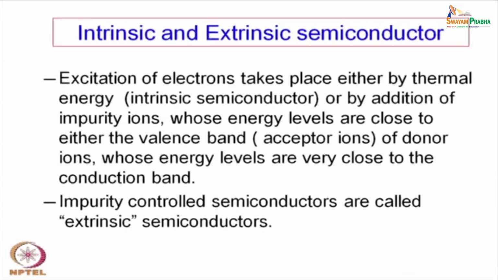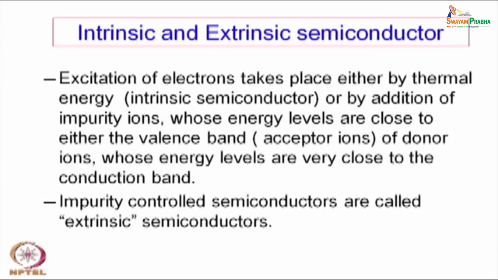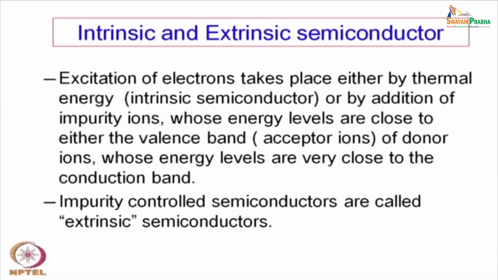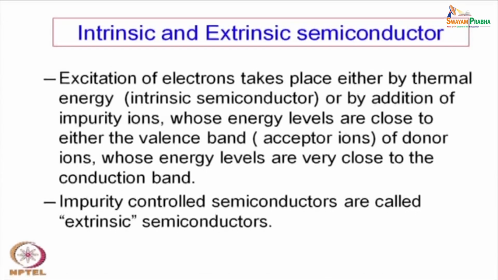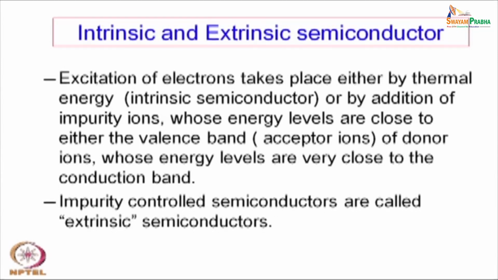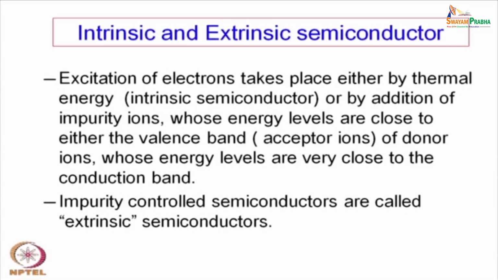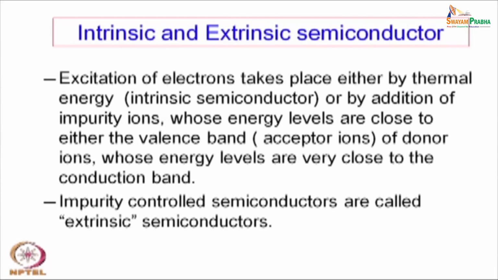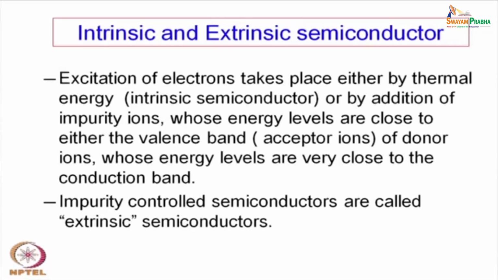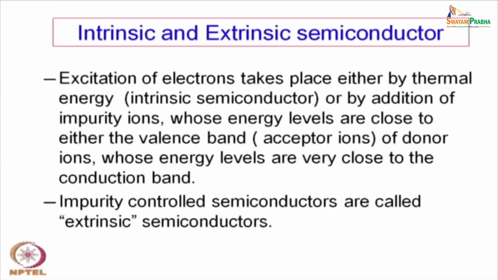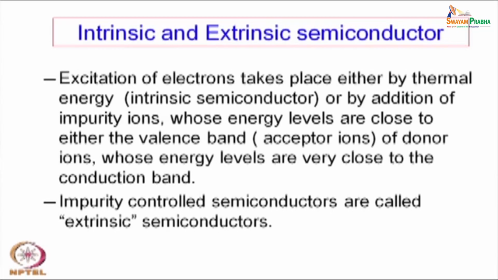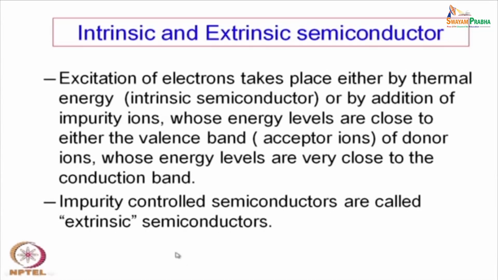Whereas, if you have some impurities, either acceptor ions or donor ions, they will be called extrinsic semiconductors. So, the impurity controlled semiconductors are called extrinsic semiconductors, whereas pure materials, with no impurity ions available, are called intrinsic semiconductors. So, their behavior will be slightly different.